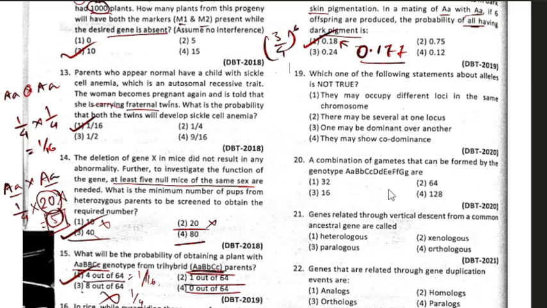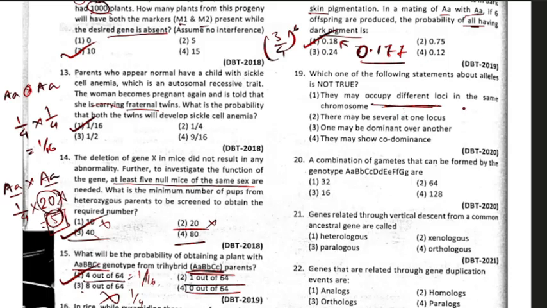Next question: which one of the following statements about alleles is not true? They may occupy different loci in the same chromosome. How can one allele or two alleles occupy different loci of the same chromosome?